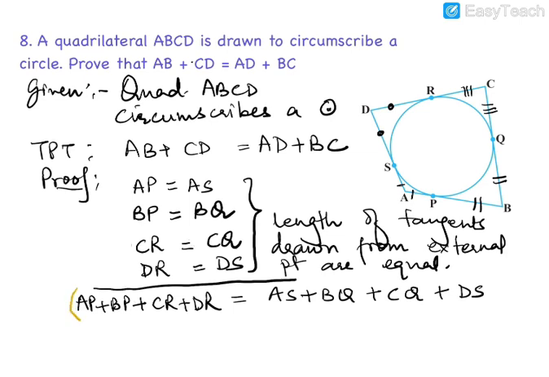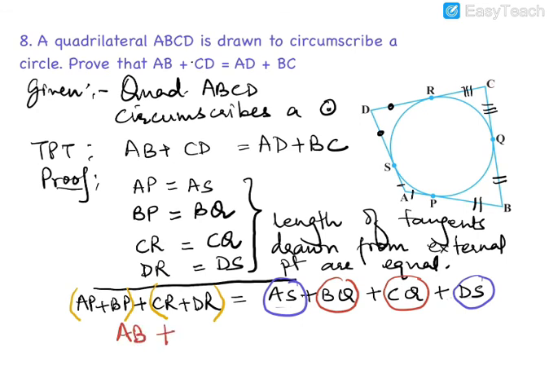Let's group the terms. AP plus BP and CR plus DR. On the right side we will add AS and DS. Then we will add BQ and CQ. From the figure, AP plus PB is AB.